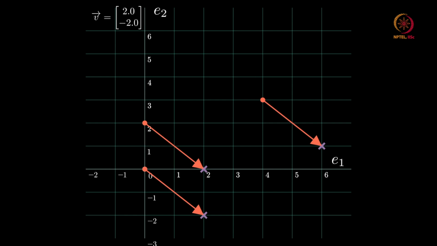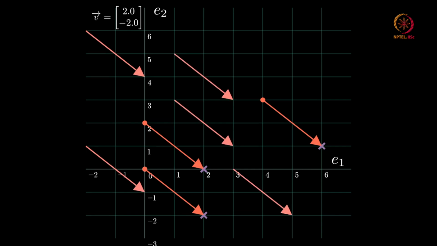All these vectors that we see are 2 minus 2. What is it to say? You can have multiple vectors which correspond to this 2 minus 2.